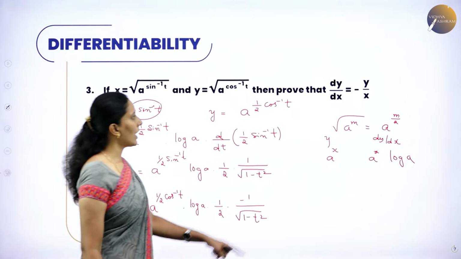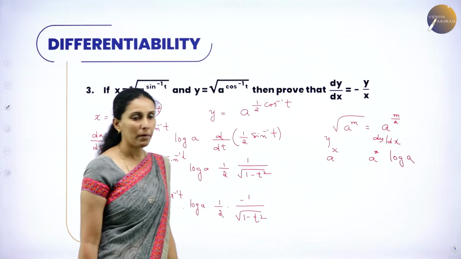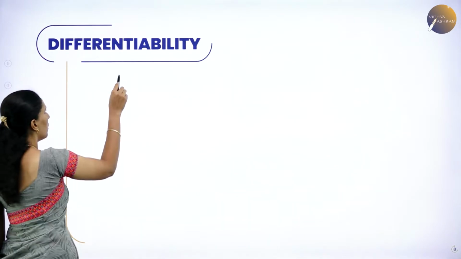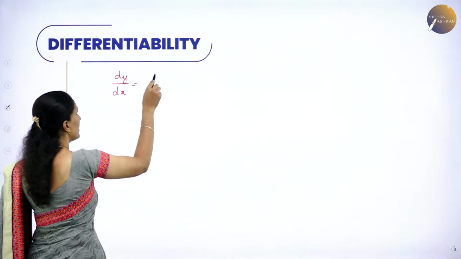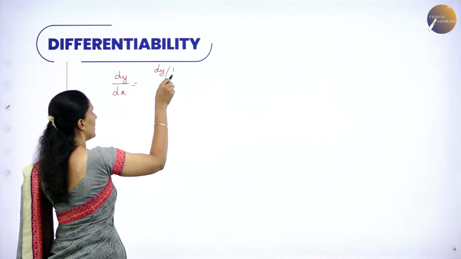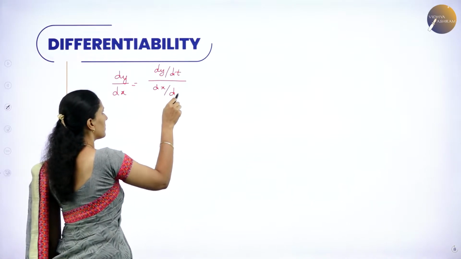Now here I need to show that dy/dx is equal to minus y by x. Let's see here what is dy/dx. dy/dx here is dy/dt over dx/dt.